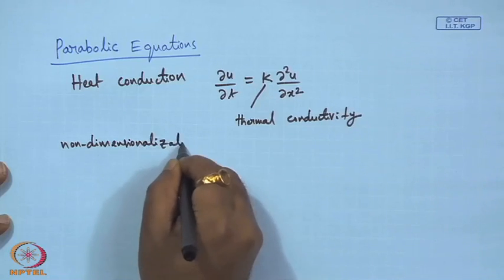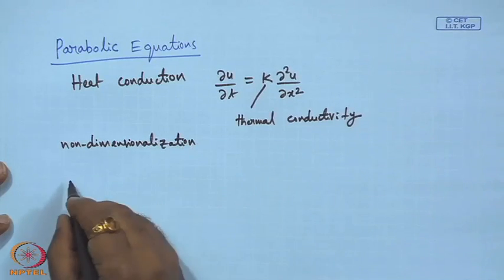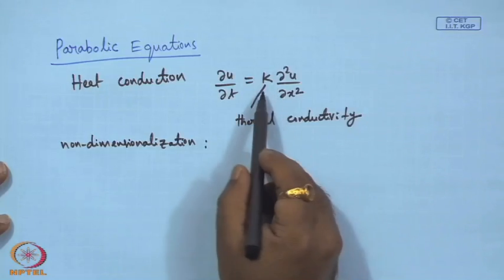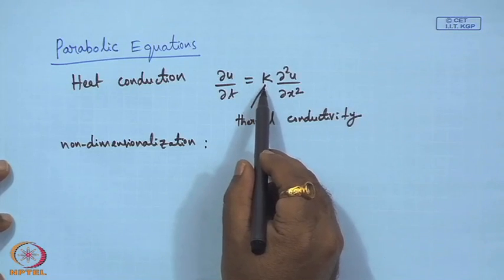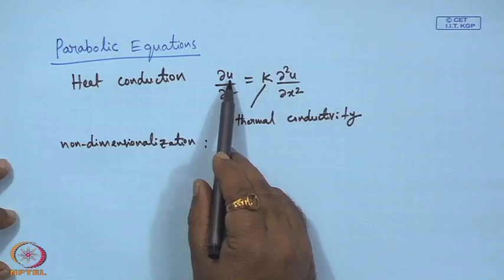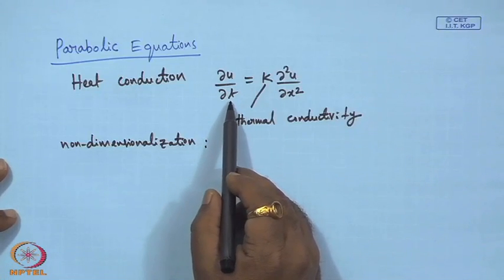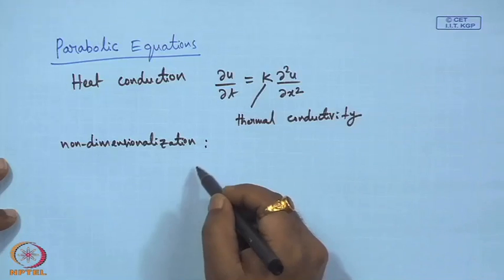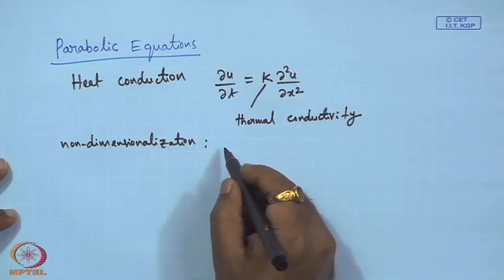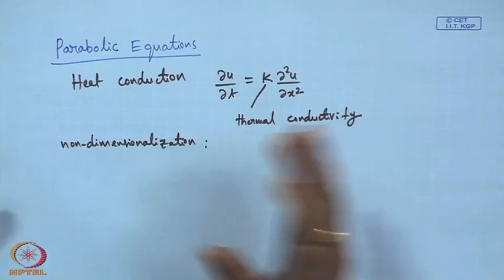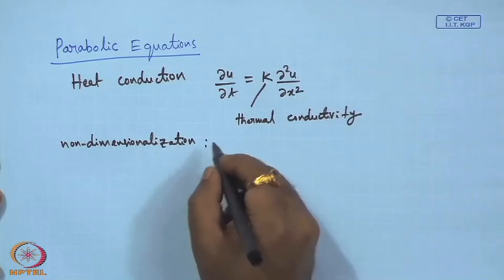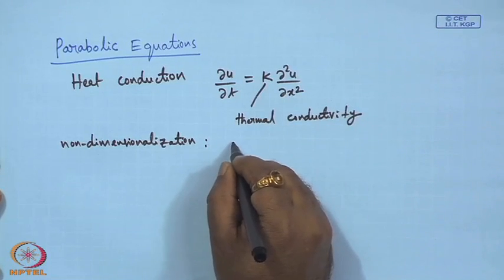Even though this is not part of numerical solutions, I would like to just mention it. Each quantity has dimensions: this is temperature, this is time, and then thermal conductivity k. So, it would be better to non-dimensionalize, so that the solutions are uniformly valid, universally valid. Okay. So, how do we do it?